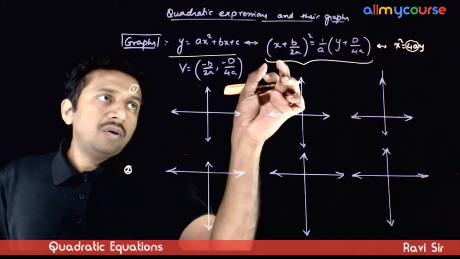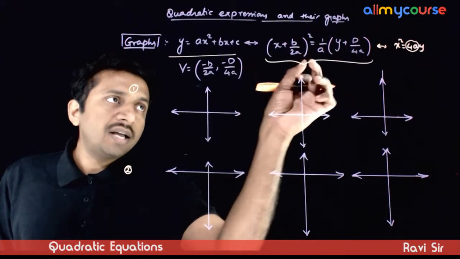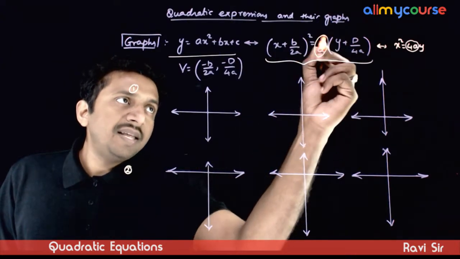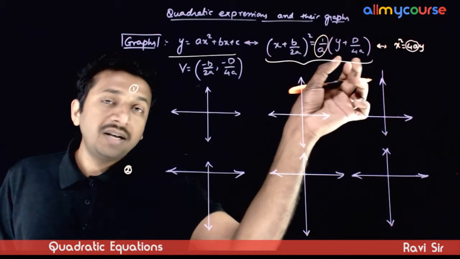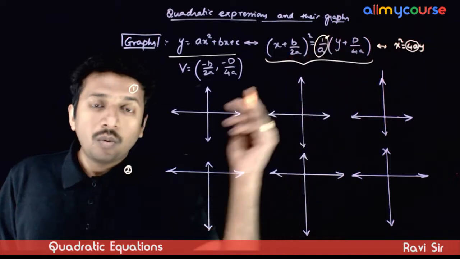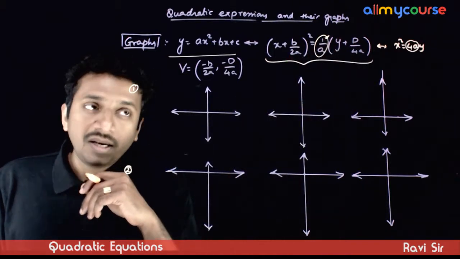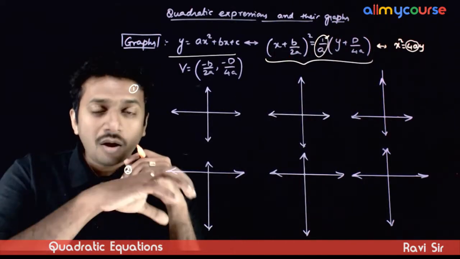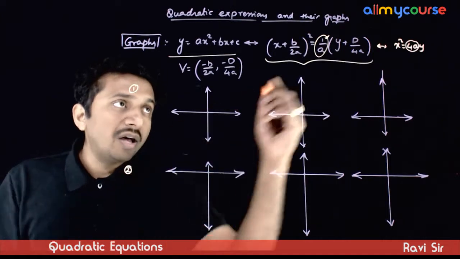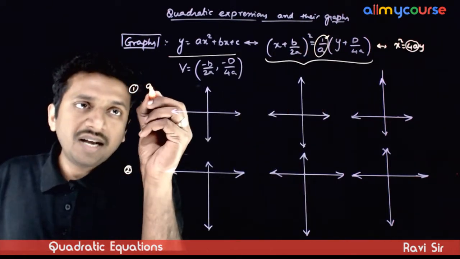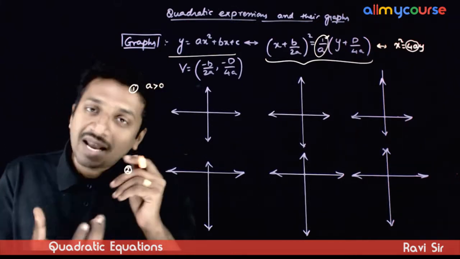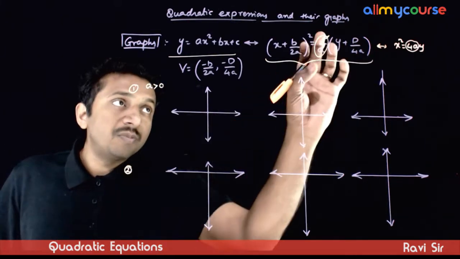Right? So you have something square is equal to something times y. This something is 1 by a here. Now whether the graph is upward or downward depends on the sign of 1 by a. So if a is greater than 0, you get an upward parabola because this is positive.